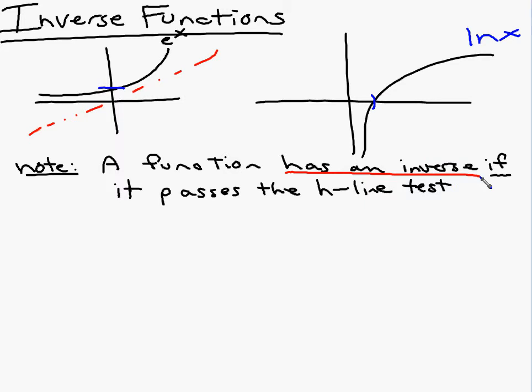We can also say that differently. We could say a function is one-to-one. And the reason I say that is because I think maybe your book refers to it that way. Is one-to-one.